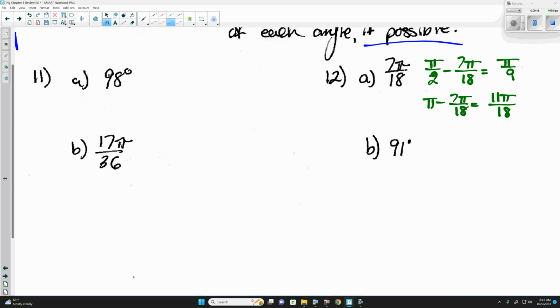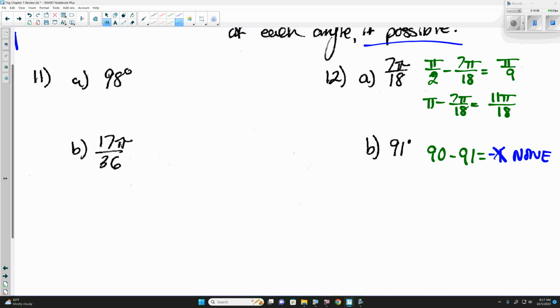91 degrees. So to find the complement, we subtracted from 90. Well, what's 90 minus 91? Negative 1. So is there a complement? No, none.